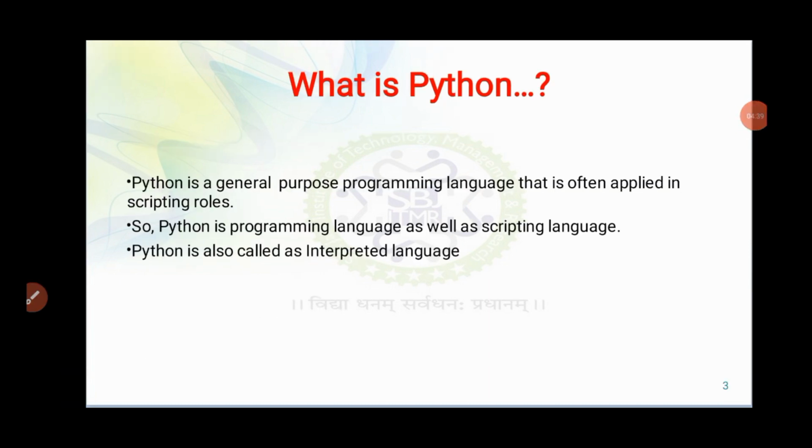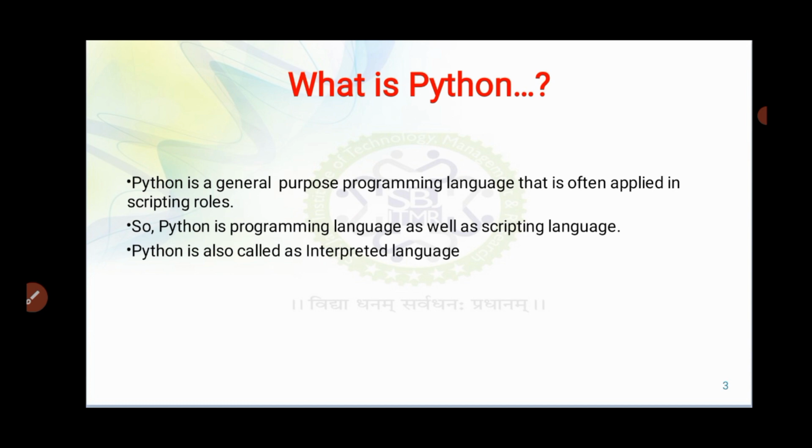Okay, so here we have the first slide of this presentation, that is what is Python. As we all know, Python is an interpreted object-oriented scripting high-level programming language with dynamic semantics. Now definitely if I tell you this definition, I can understand it is very difficult for you to understand it.